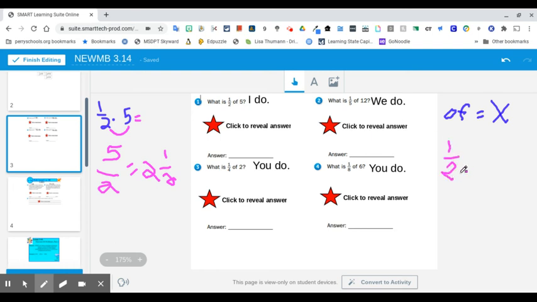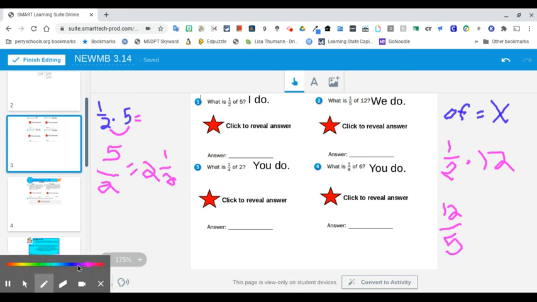1/5 of, and the dot again means of, it also means multiplying here. 1/5 of 12. What we're going to do is I'm going to take 12 divided by 5.